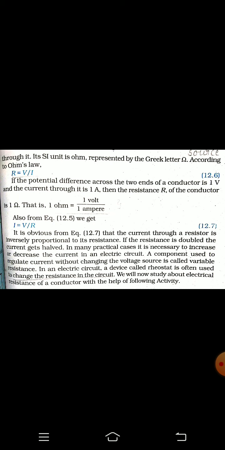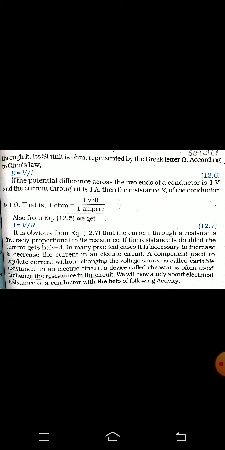So in many practical cases, it is necessary to increase or decrease the current in an electric circuit. In some practical cases, it can be necessary to increase the current sometimes or to decrease the current sometimes. So a component is used to regulate current.